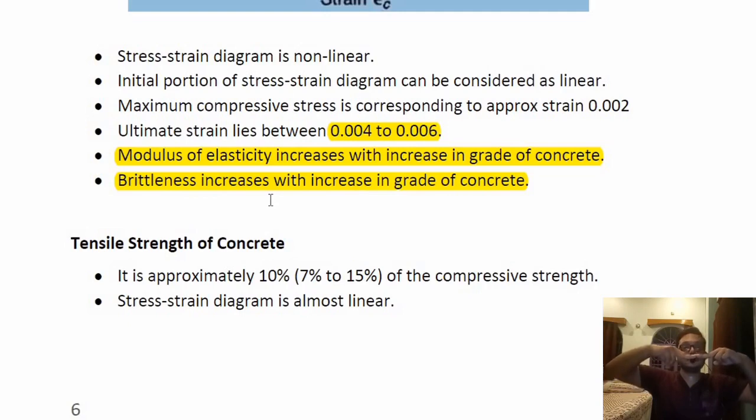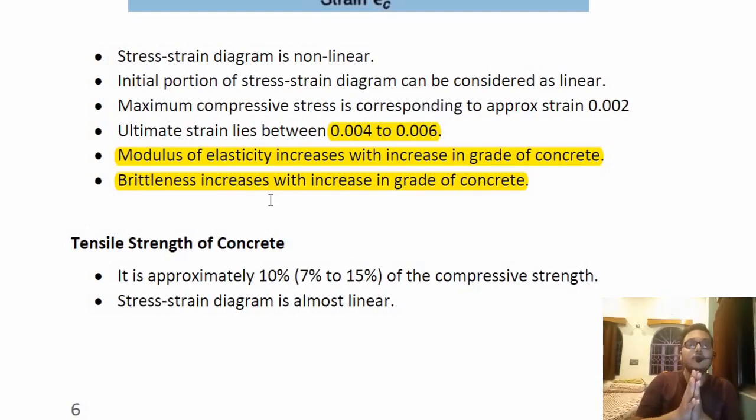So in a concrete beam, the top fibers will be under compression and the bottom fibers will be under tension. This is one scenario where we see tension, and there are many other scenarios where concrete is subjected to tension.